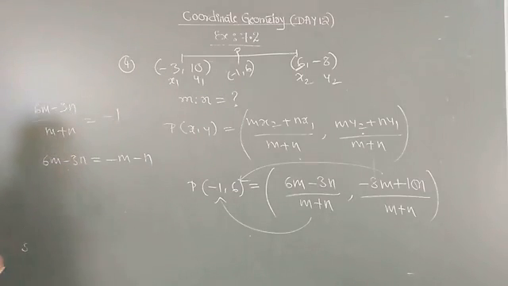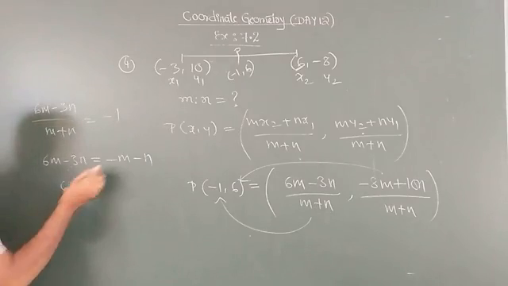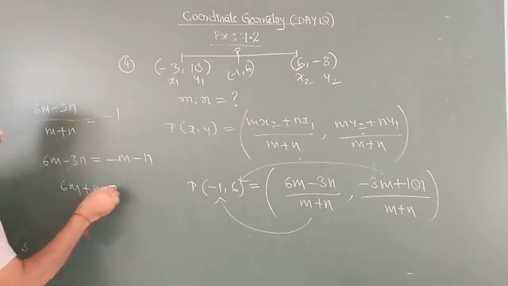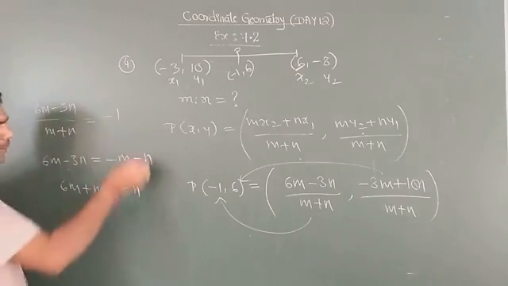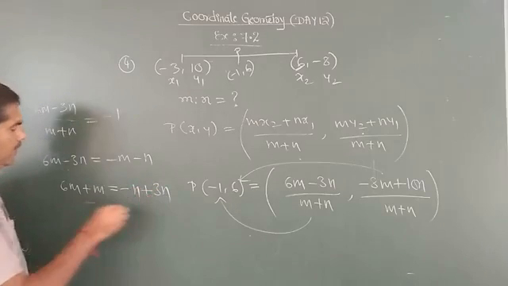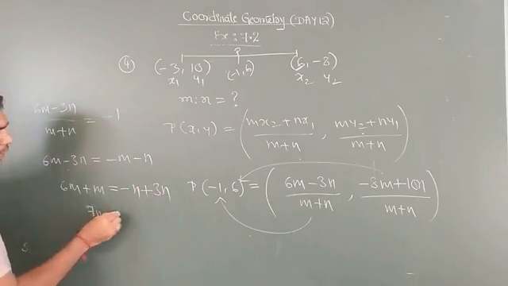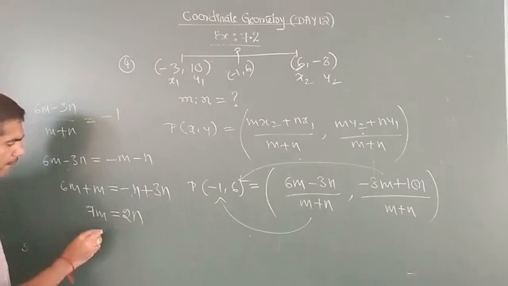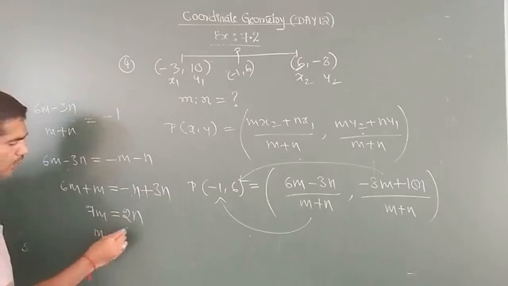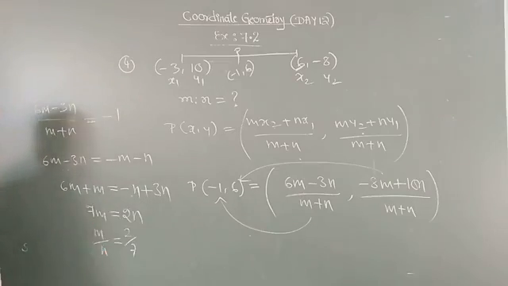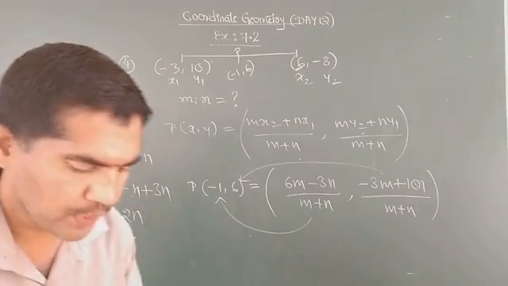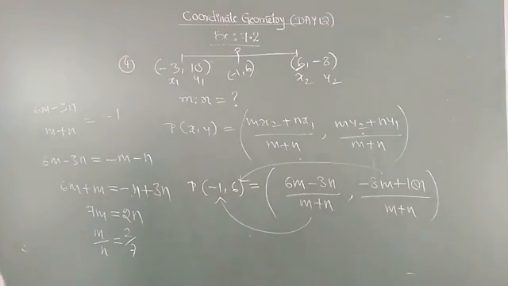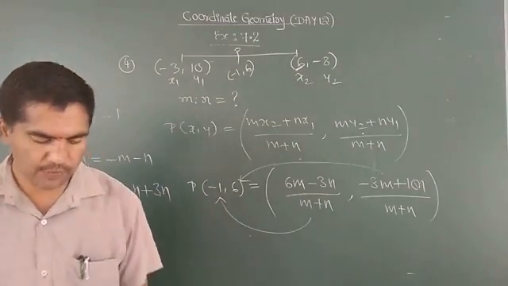Now keep m one side, n one side. 6m plus m equal to minus n plus 3n, carry the side. 6m plus m becomes 7m equal to minus n plus 3n became 2n. So m by n equal to 2 by 7. What you have got? The ratio is 2 by 7. That is 4th question. Next.